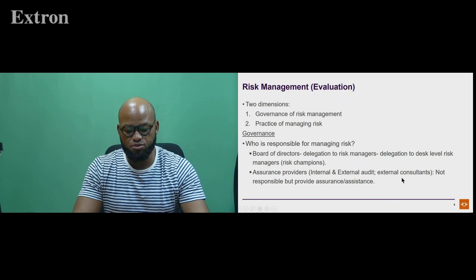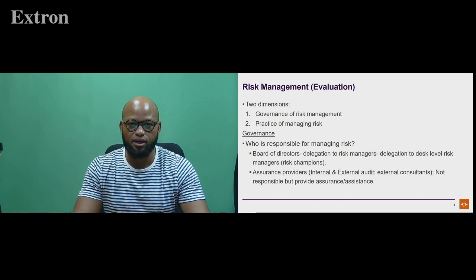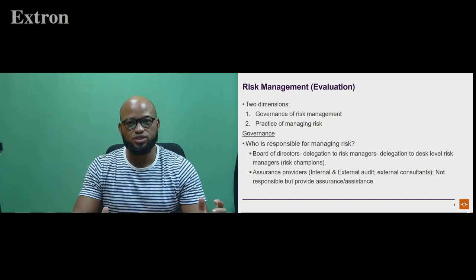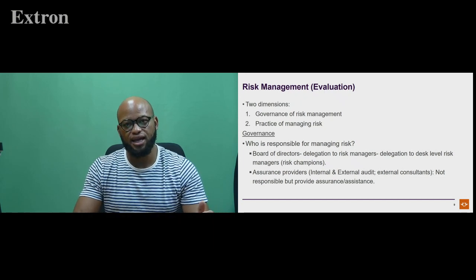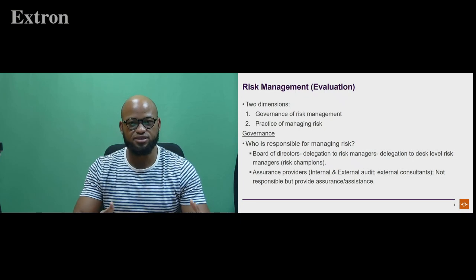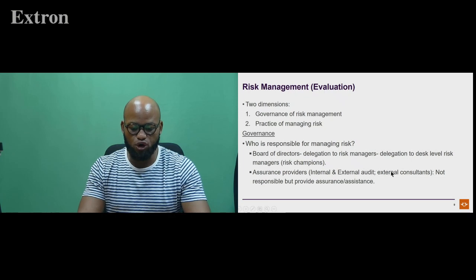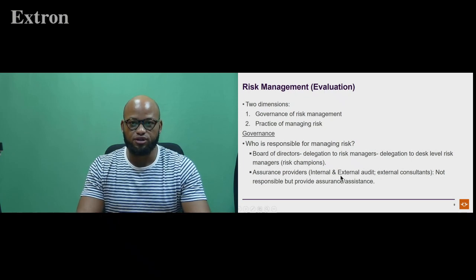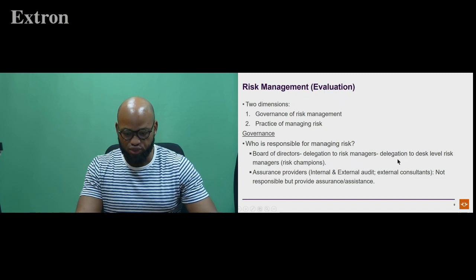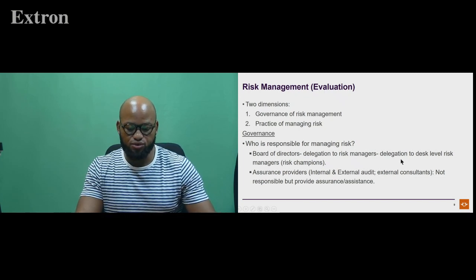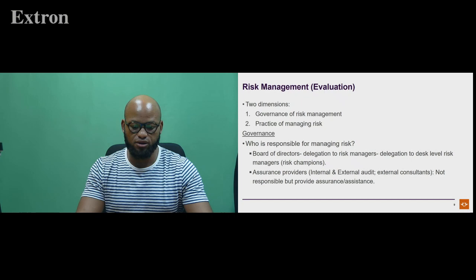that in your textbooks there is something called a risk map. All right, a risk map is a device that shows us the three different lines of defense that the board of directors have with respect to risk management, arising from the use of, first of all, actual managers involved in the day-to-day running of the organization, as well as external consultants, external auditors, or the internal audit, i.e., the assurance providers.